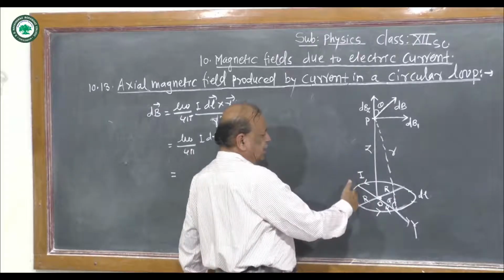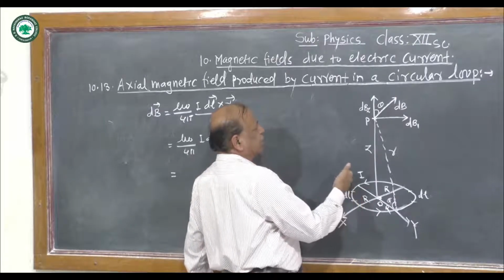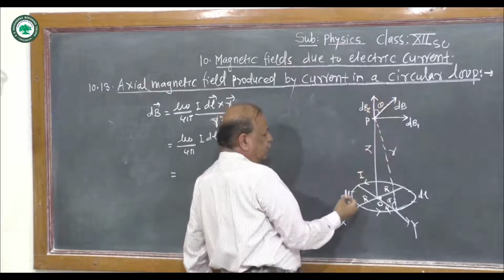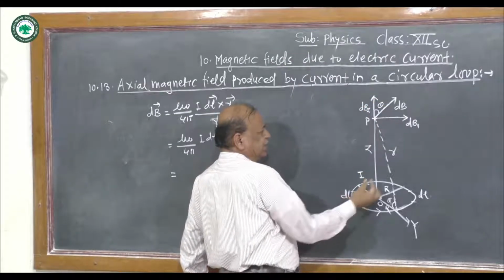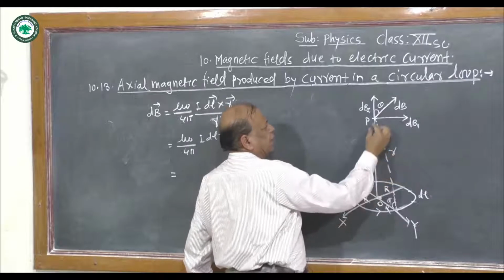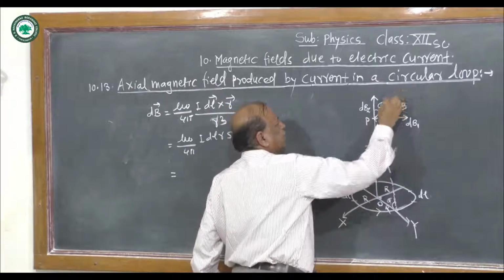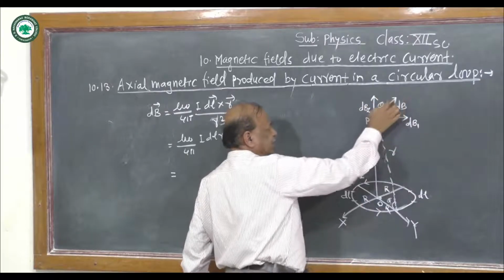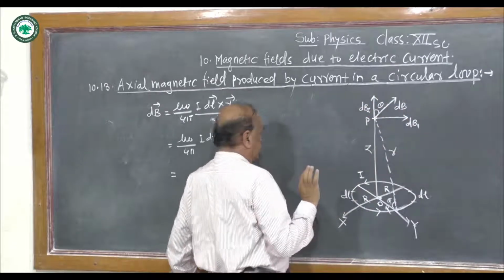Considering this element here, the direction of the magnetic field is perpendicular to both this element dl and this r, and so the direction of the magnetic field due to this element dl is like this one.